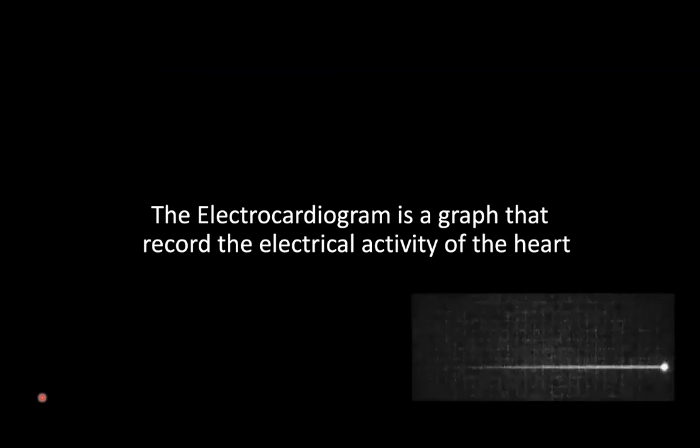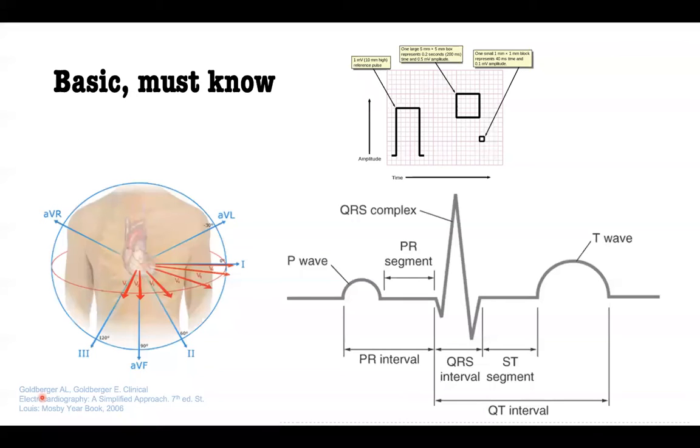Let's start with the electrocardiogram definition. The ECG is a graph that records the electrical activity of the heart. This is the basic that you must know. About the amplitude and also the time or duration, I will give it to you after this.